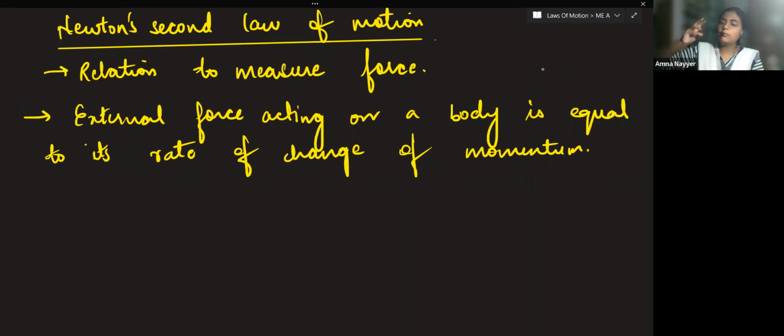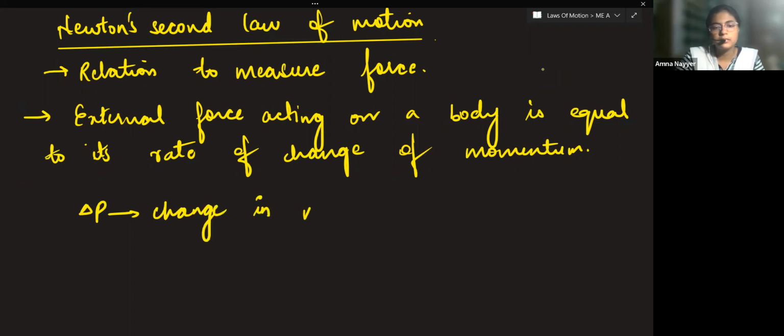Let's say delta P is the change in momentum and delta T is the change in time.